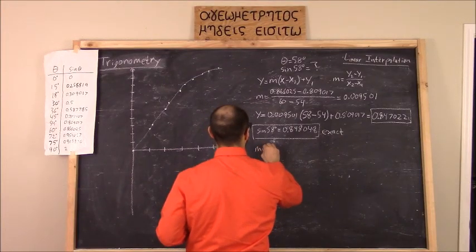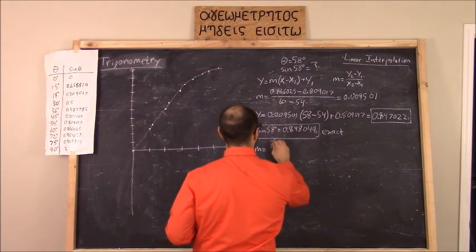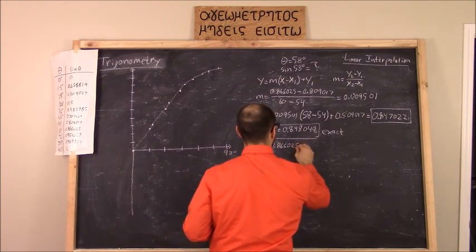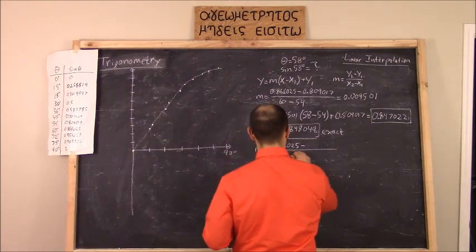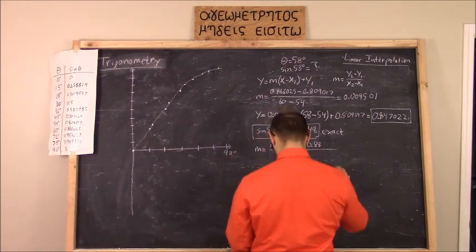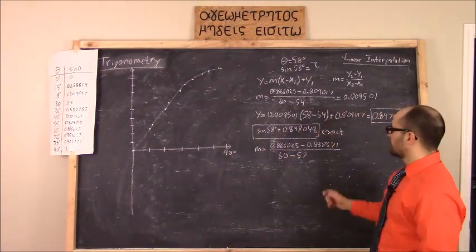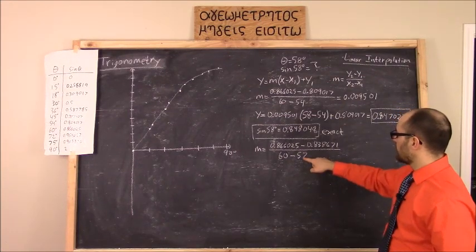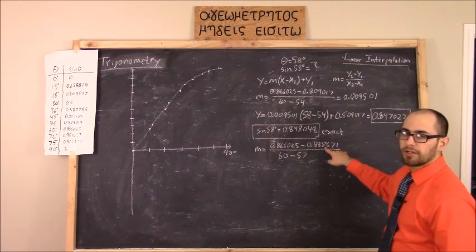So slope is going to be y2 minus y1. From our more complete table, I've obtained the value of sine 57 degrees.